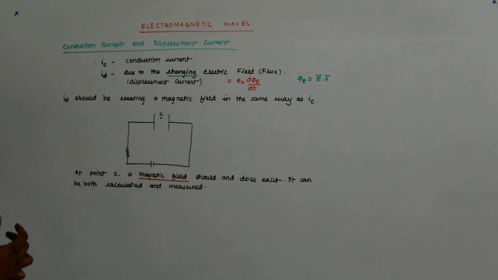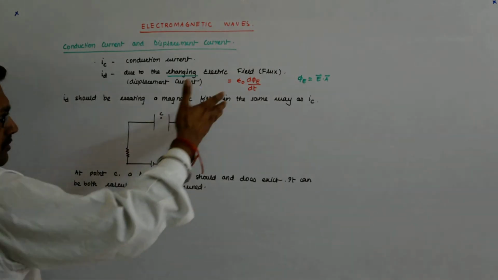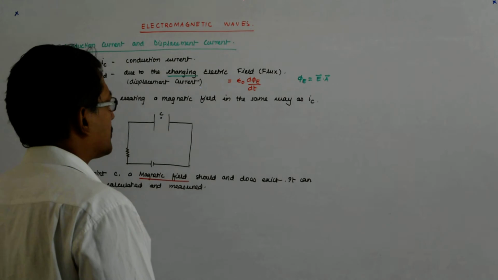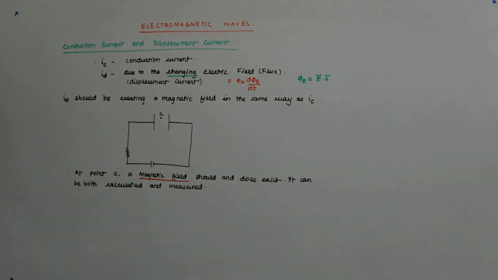If you take a smaller area, the change will also become that small, no? And hence the current will go down. That will soon do to solve a question. So do we understand this?